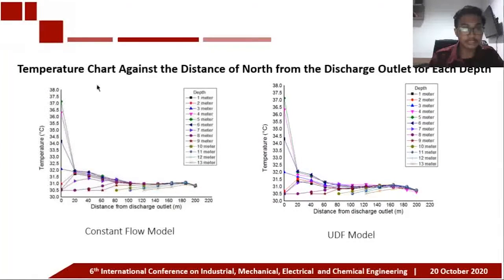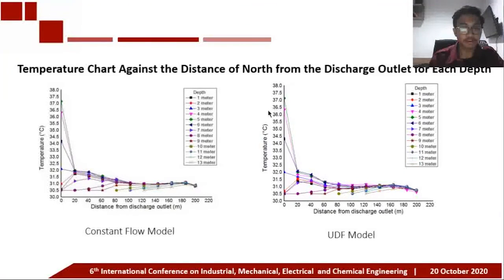And there is a temperature chart against the distance north from the discharge outlet for each depth.